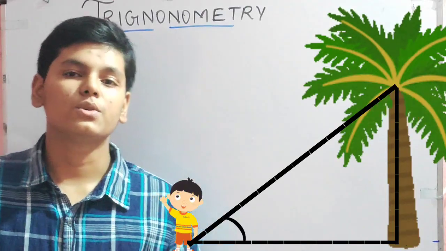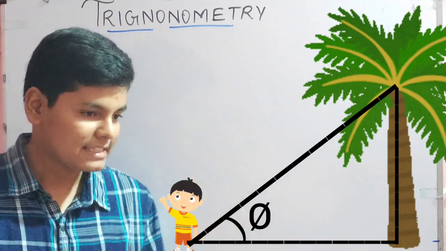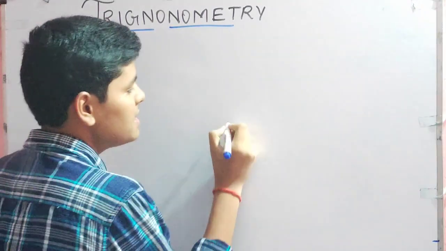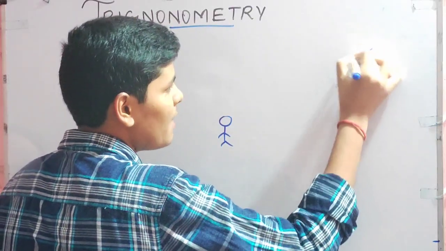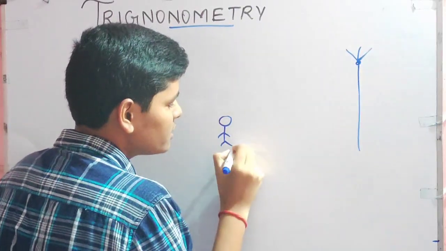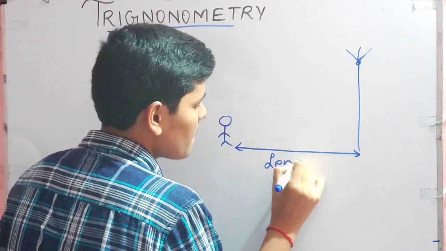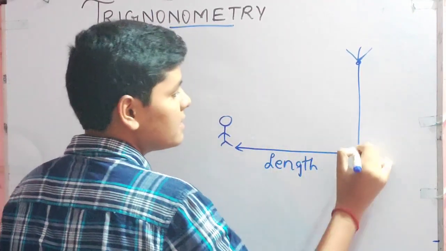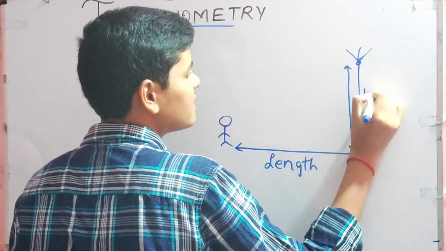This angle is known as theta. In this example, the triangle which is formed is, for example, I am standing over here, here is the palm tree and here is the fruit. So this is the length and this is the height.